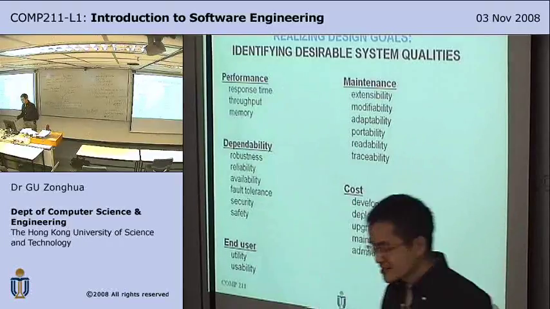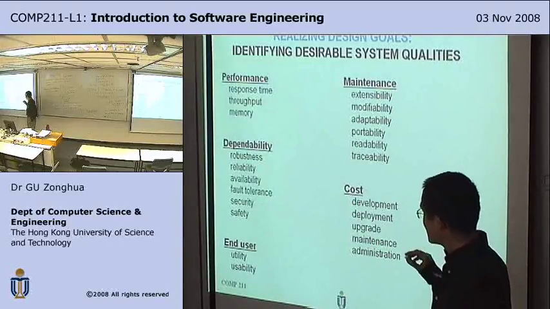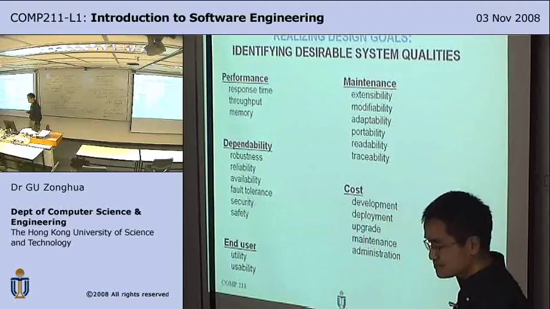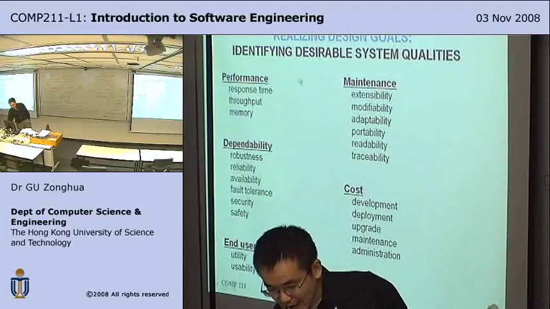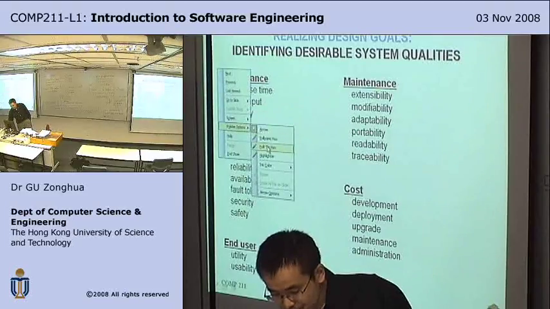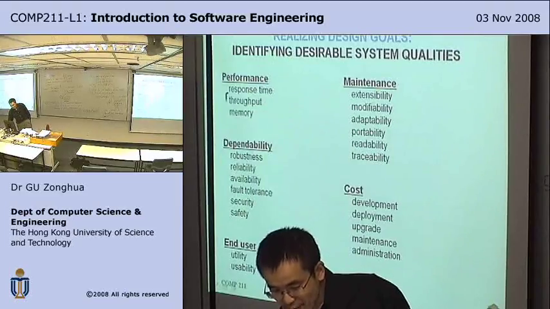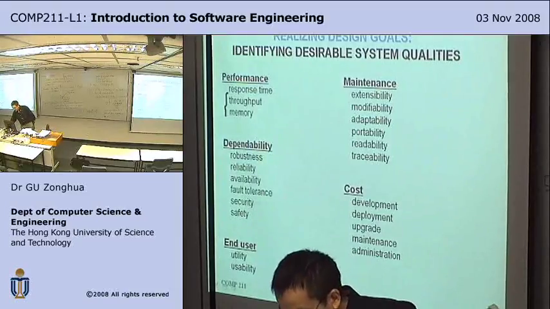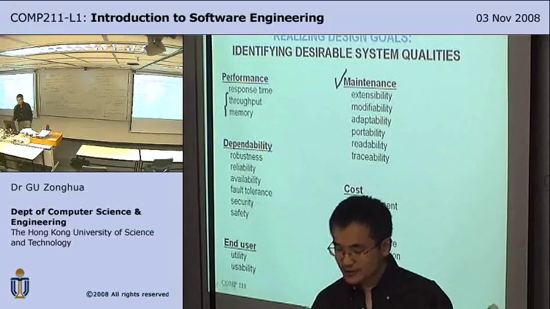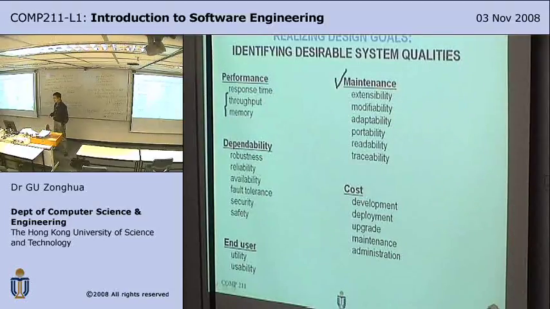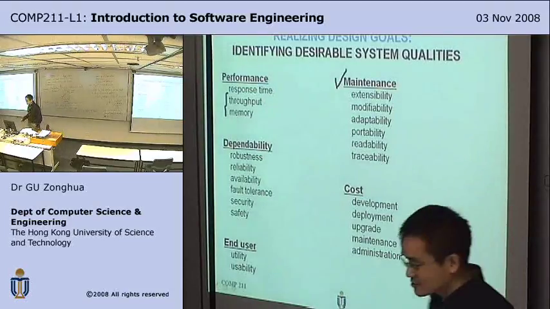We actually discussed this way back early in the course, in the introduction chapter. So you have, say, performance qualities: response time, throughput, memory consumption, dependability, maintenance. Is it easy to maintain, to extend? If you add a new module, do you have to modify many other modules?